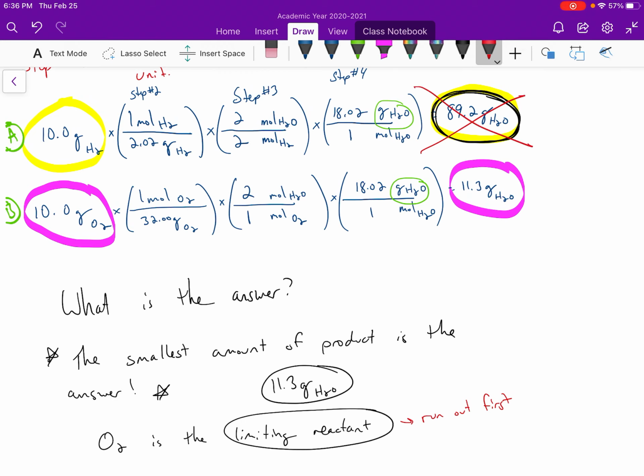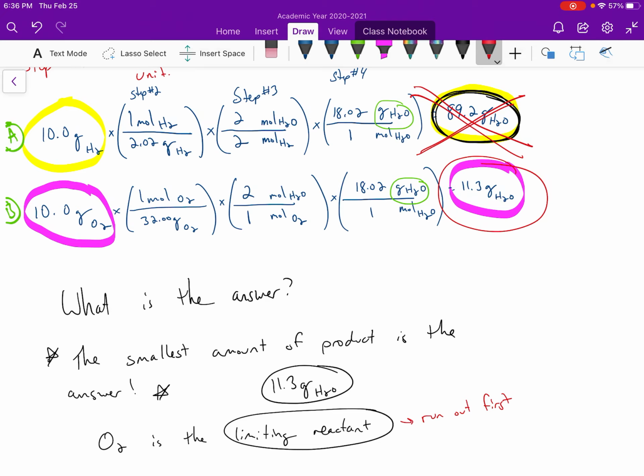So this is actually not feasible given these conditions, okay? Because if I start with 10 grams of hydrogen, I'm going to need a whole heck of a lot more oxygen in order to make this work. Now, we could figure that out mathematically if we want to, and we'll get into that in the next couple weeks. But I'm going to kind of run through this and be like, nope, not possible. It's got to be this one, okay?